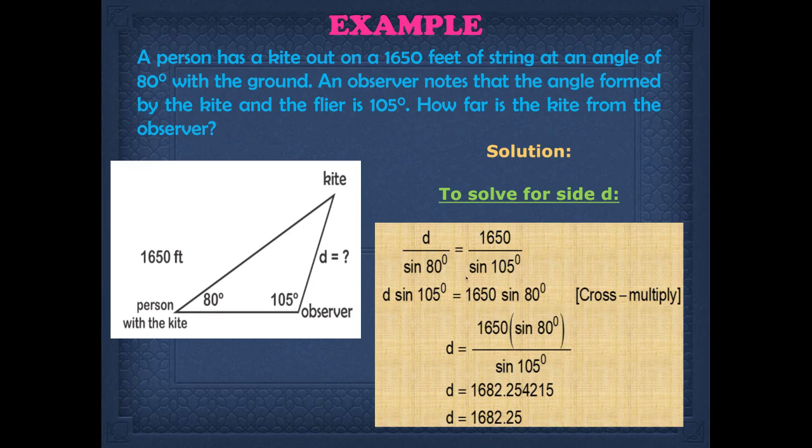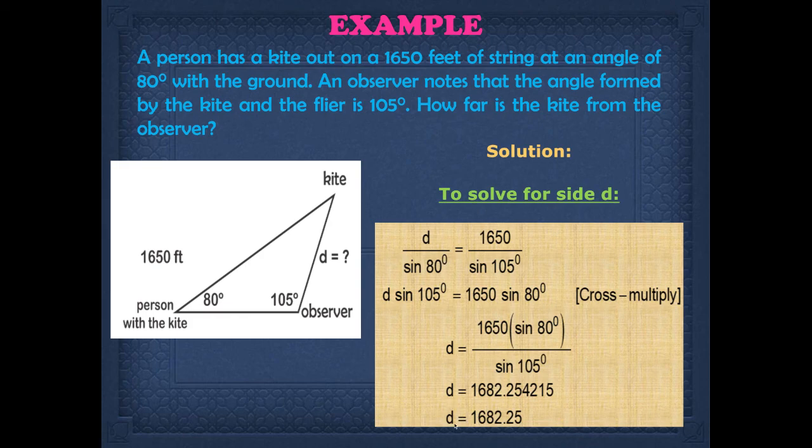By cross multiplication, we will get D sine 105 degrees equals 1,650 sine 80 degrees. Now, dividing both sides by sine 105 degrees, we will get D equals 1,650 times sine 80 degrees all over sine 105 degrees, and we will get this value.